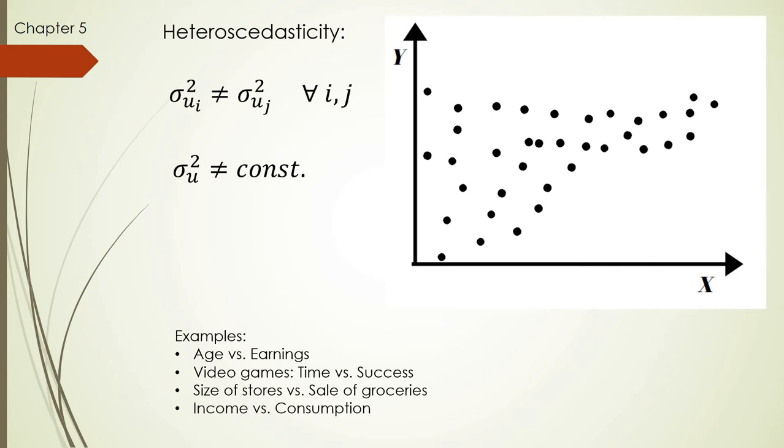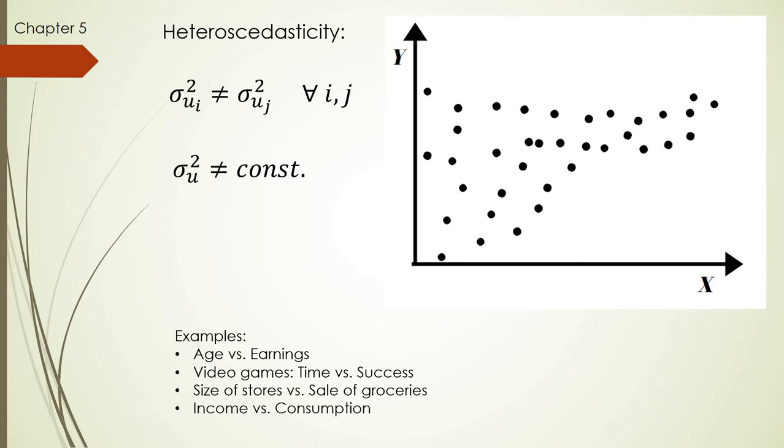Or, for example, when it comes to the size of stores and sales of groceries. If stores are small, probably individual purchases of groceries will be smaller. But if stores are bigger, with a bigger offer and bigger supply, then probably some individual purchases of groceries will be bigger. So again, we will have more spread in our data and bigger variance in our data if stores are bigger.